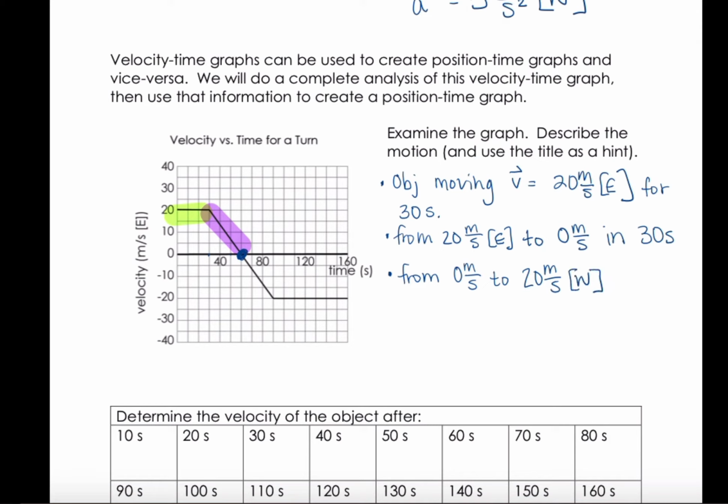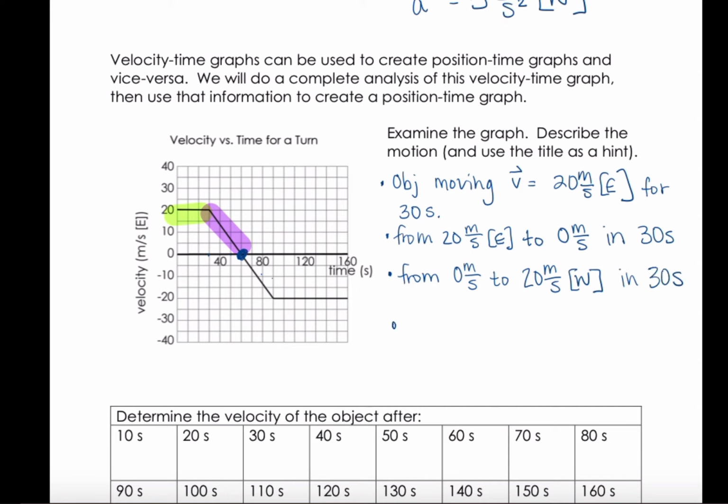Okay, so that's the key. You could have put negative meters per second east, but it just makes more sense to change the direction than to have a negative direction. Okay, so 20 meters per second west. And then it took them, let's see, 30 seconds again.